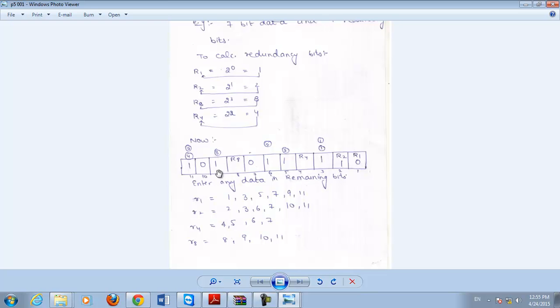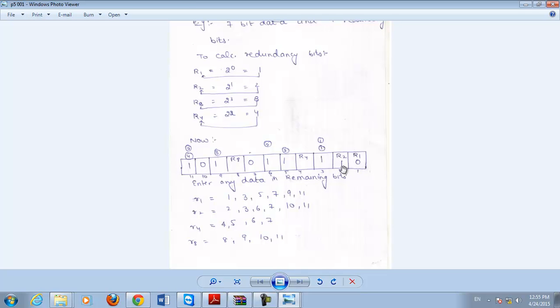Then at the 9th place again there is 1 and in the 11th place there is again 1. Means there are a total of 4 ones in the case of R1, 1, 2, 3, 4. It means it is even parity, and for even parity you have to put 1 in R1. It is wrongly written here. You have to write 1 in the case of R1.